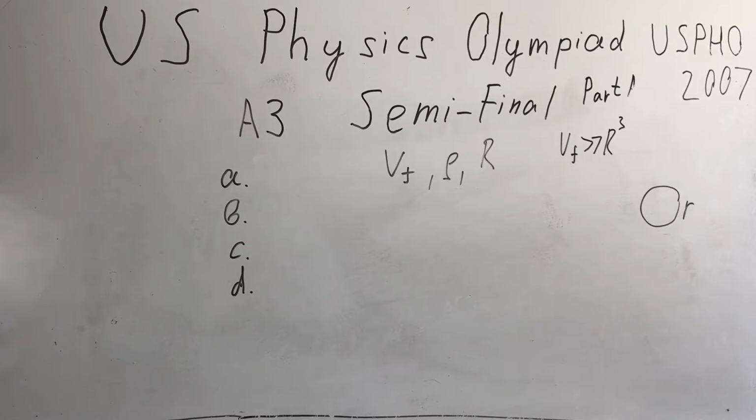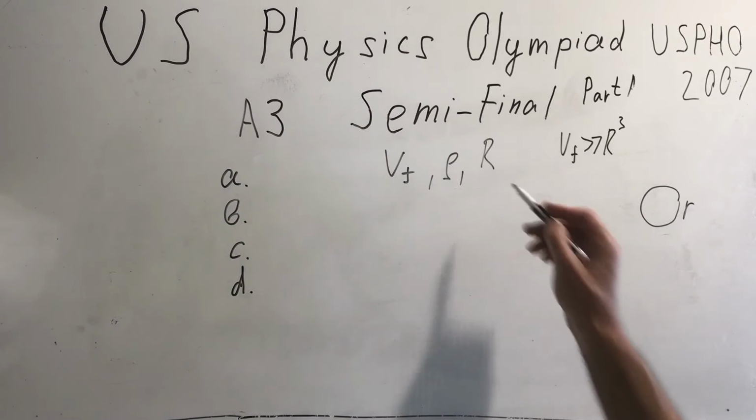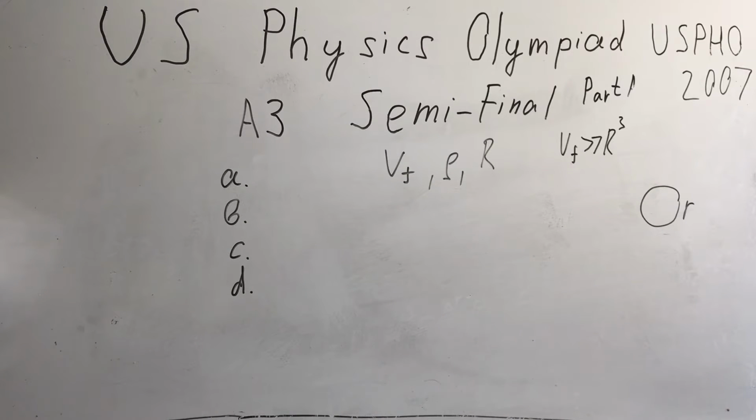Suppose that all of the drops have radius R. Ignore interdrop forces and assume that V is much larger than r cubed. This problem consists of four consequent questions.